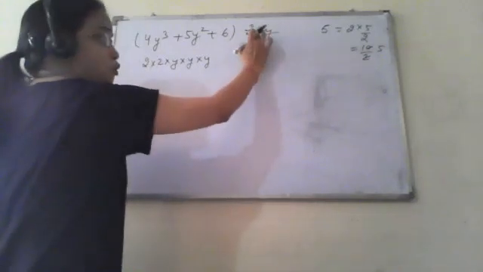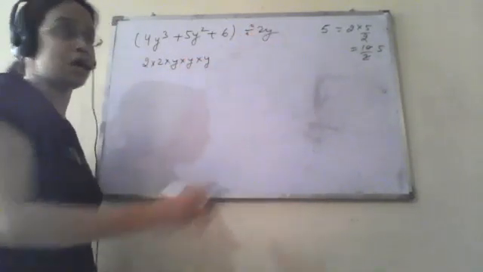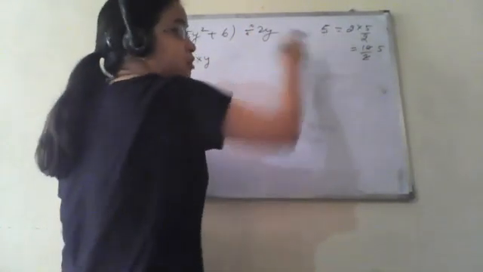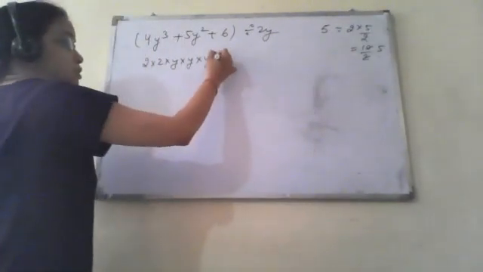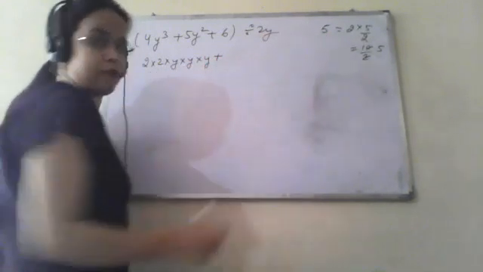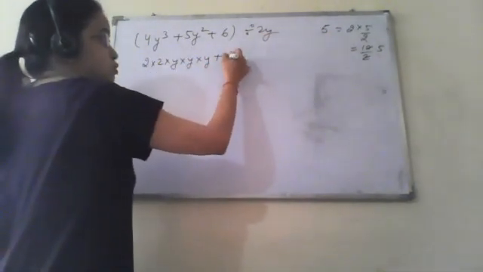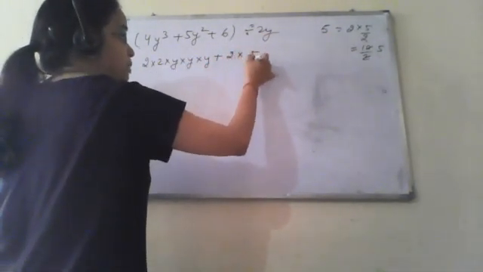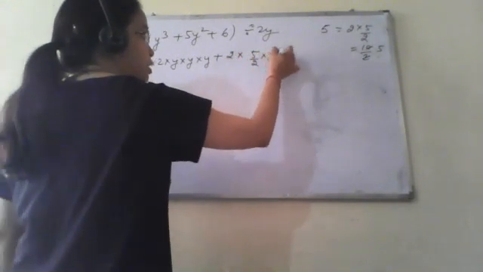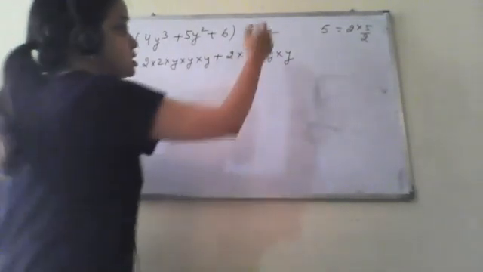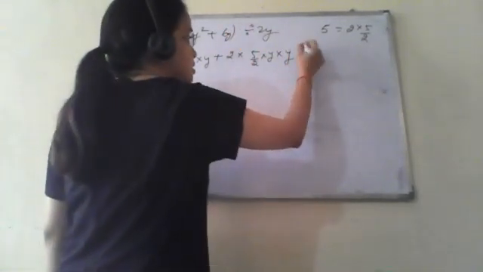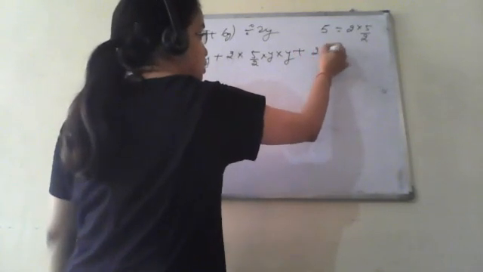We have to take 2y common, or divide by 2y. That's why we are doing this. So it is equal to 5 only. So it is written as 2 into 5 by 2 into y into y. This was 6y, and this is plus 2 into 3 into y.